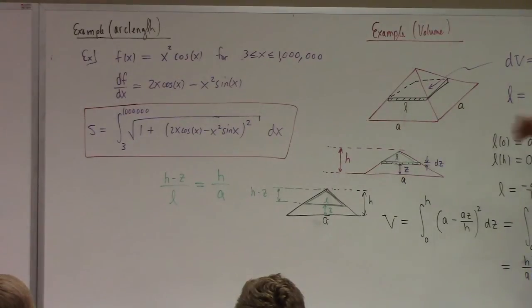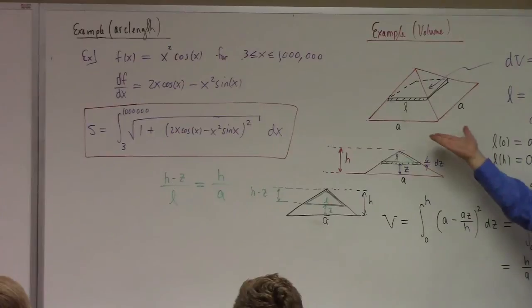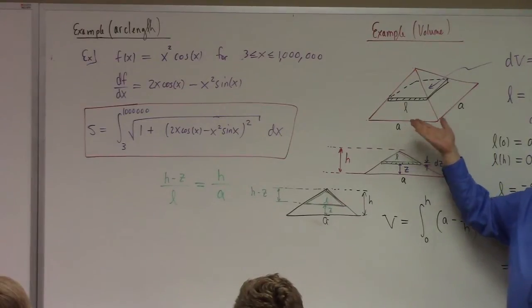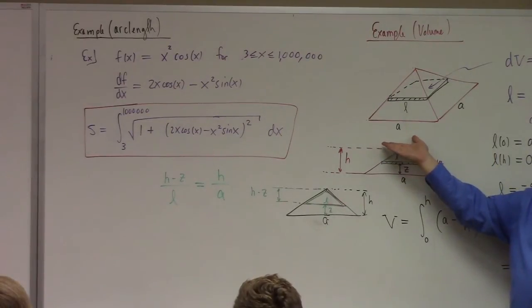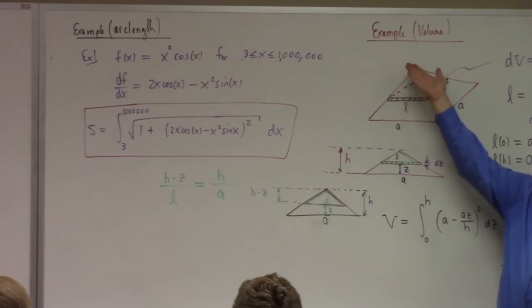Whether it's a sine or a cosine or tangent, I don't really care. That's why I have this kind of formula, and then I just have to figure out what the m and the b are. So you're looking for some function that is linear, that is equal to a when you put z equal to 0, and is equal to 0 when you put z equal to h.